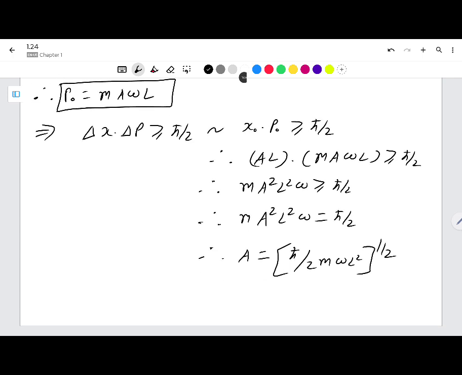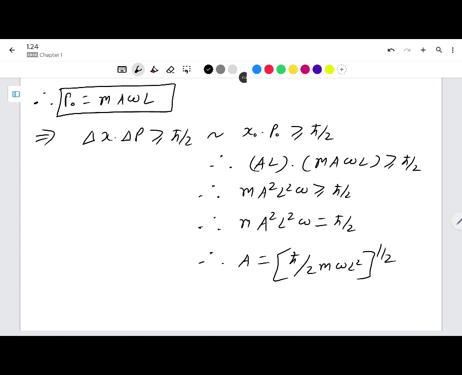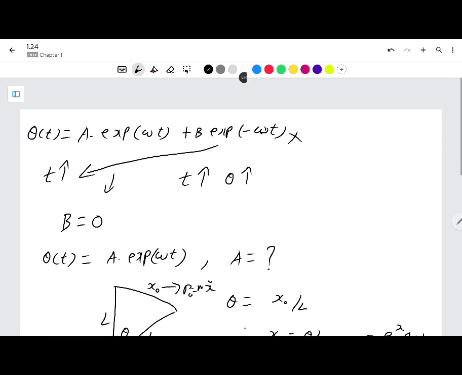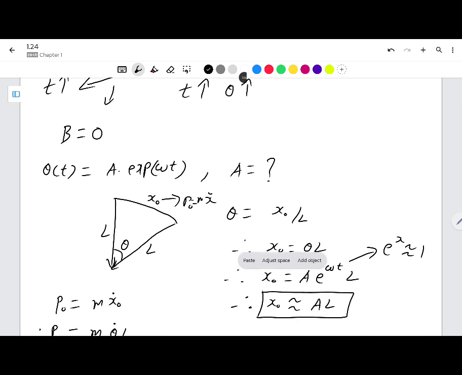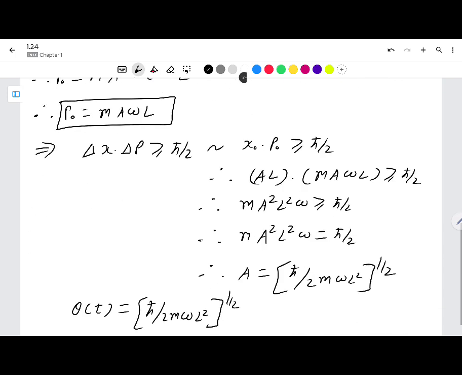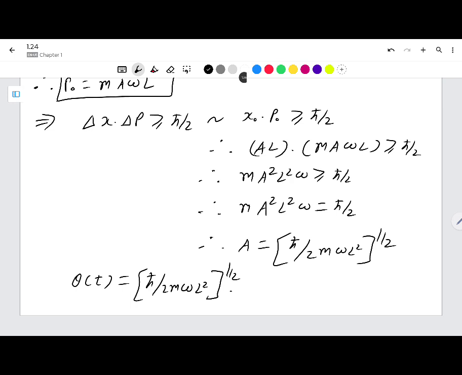So that is what we were interested in. So now theta is h bar over 2 m omega L square to the power 1 by 2, and e power omega t will be just 1.